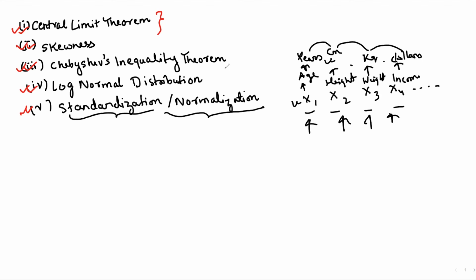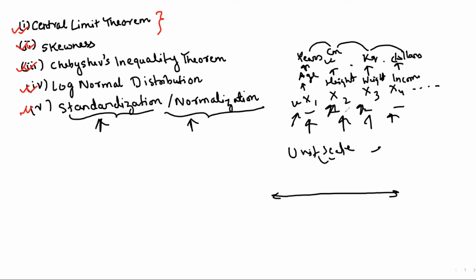So for comparing them, you need to bring them down to a particular unit scale. All of them should be on the same scale. Only then can you compare them. That is done with the help of either standardization or normalization, and this is very important. Also, you see why it is important. If you can bring the values down to one scale, it will be easier to understand the relationship.